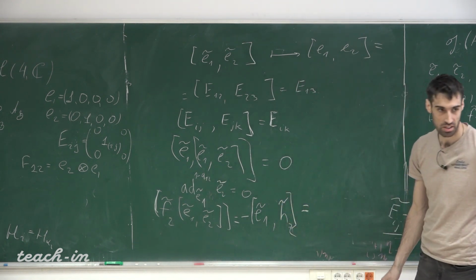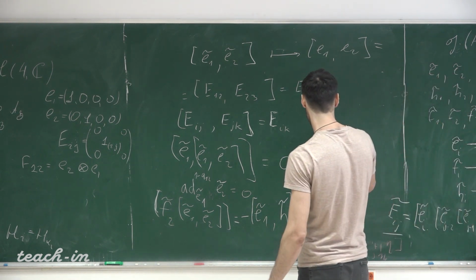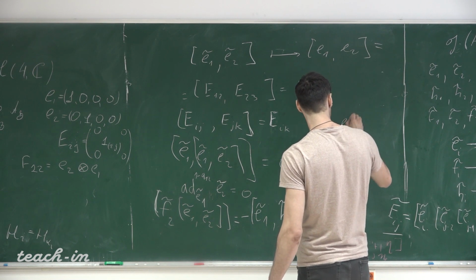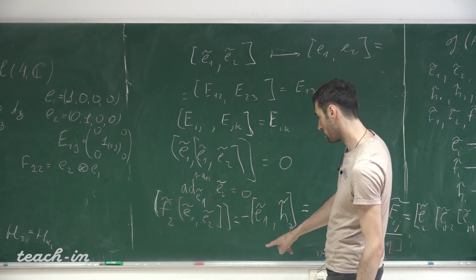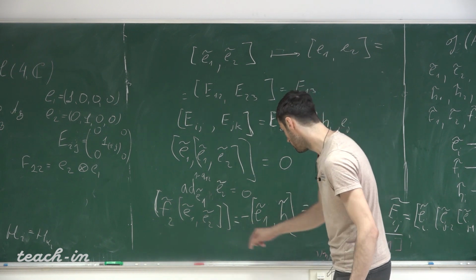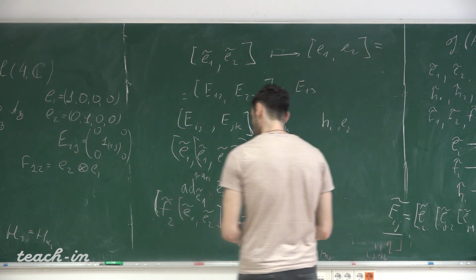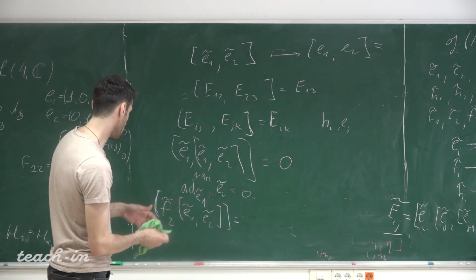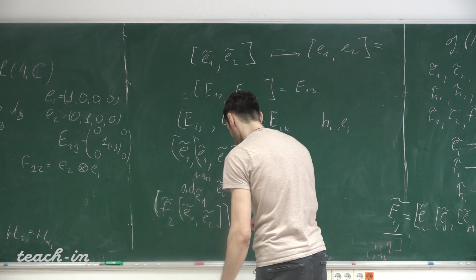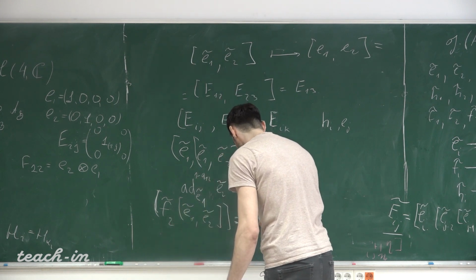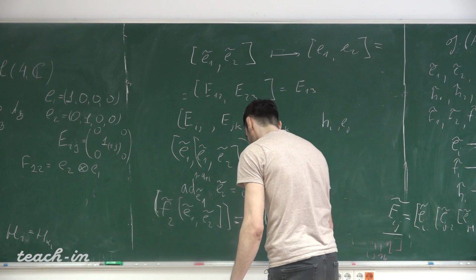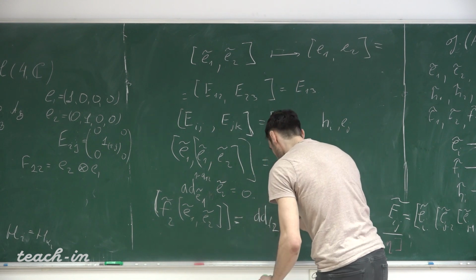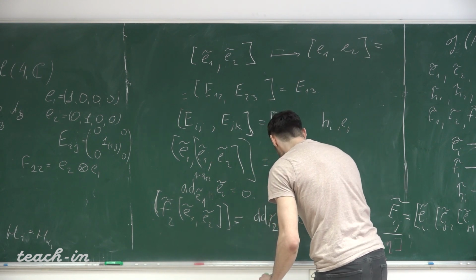So how to compute this? Remember this relation. If I take Hi commute with E, not 2, I'm sorry, it's E2 here. So again, let's be careful. By the Leibniz rule, I am applying F2 to E1 commutator with, all tildes here, E2.